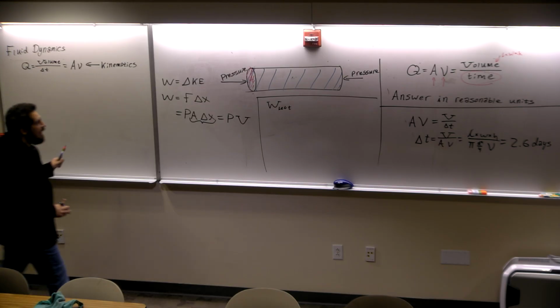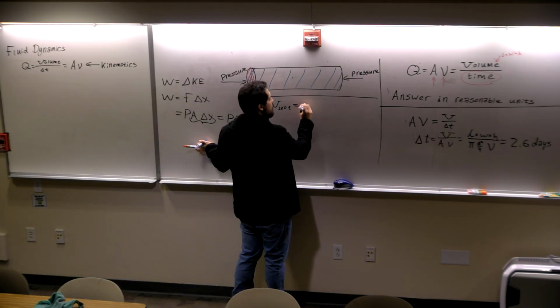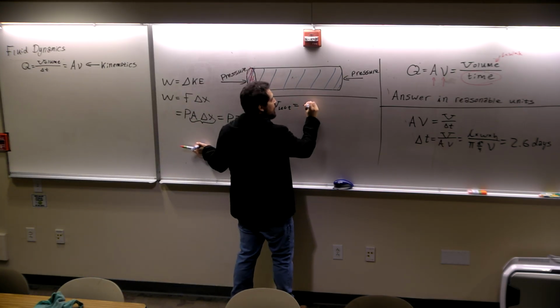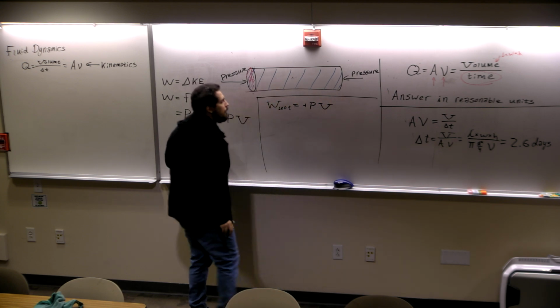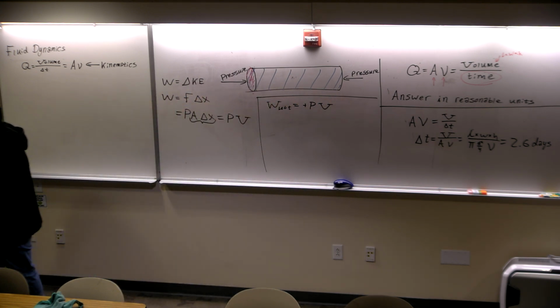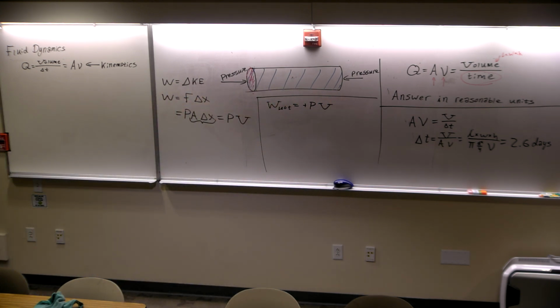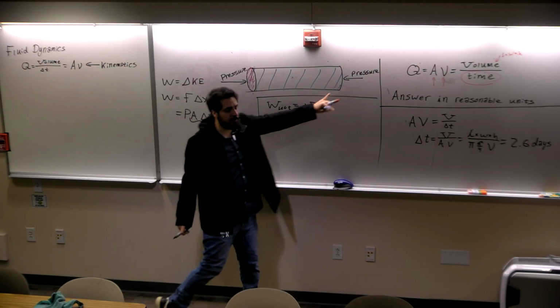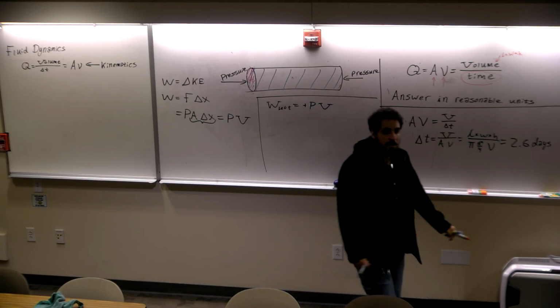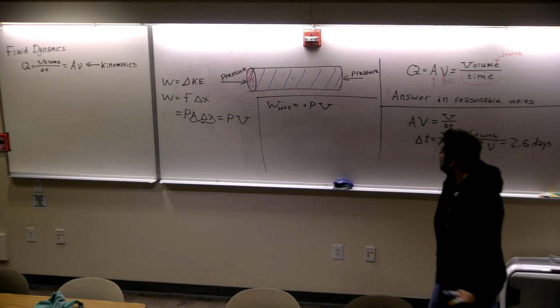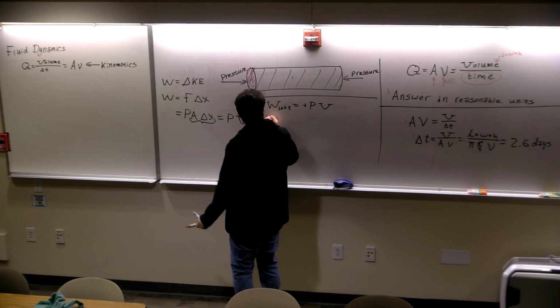So we could write this as positive pressure times volume, because it's moving the fluid rightward, so it makes sense. So let's use positive in that case. Then we look at the pressure on the right-hand side, because we do have pressure on the right-hand side. We always have pressure on either side of our container. So pressure on the right-hand side would give us some other amount of work.